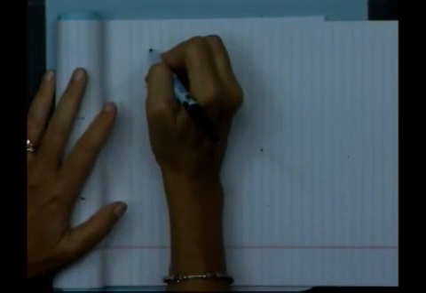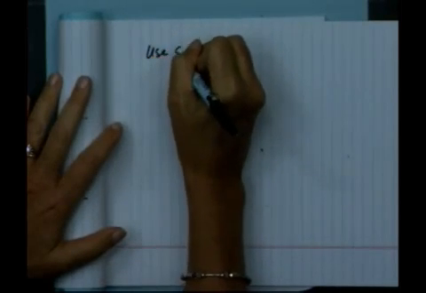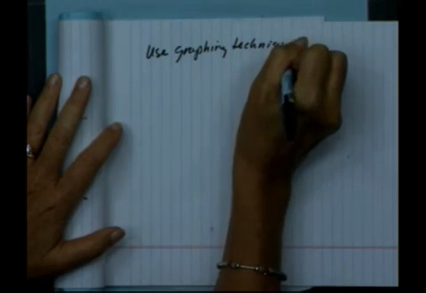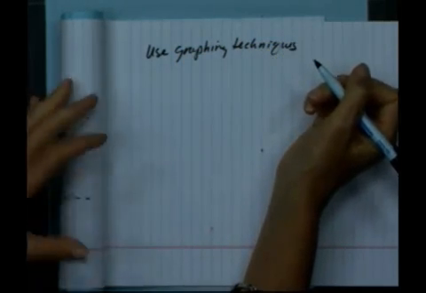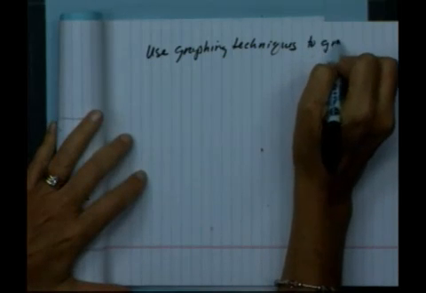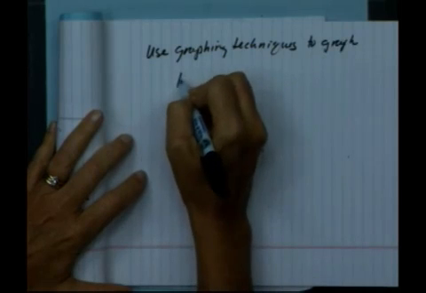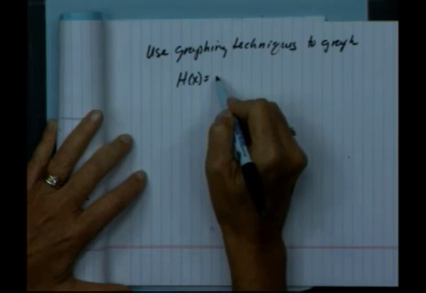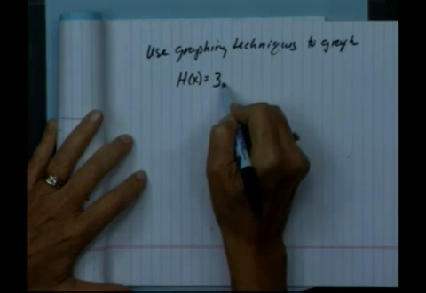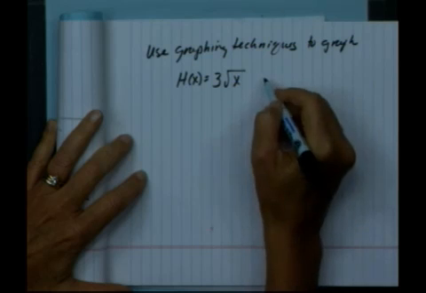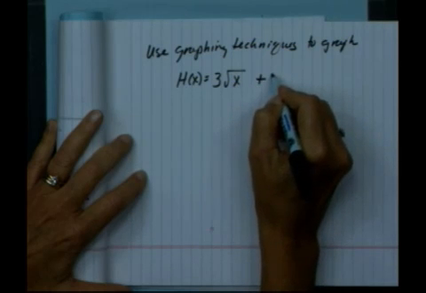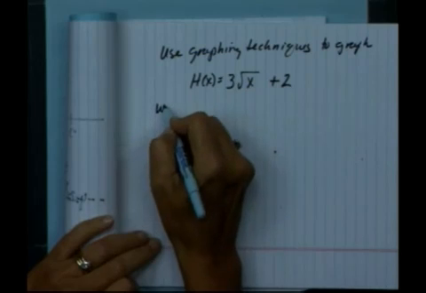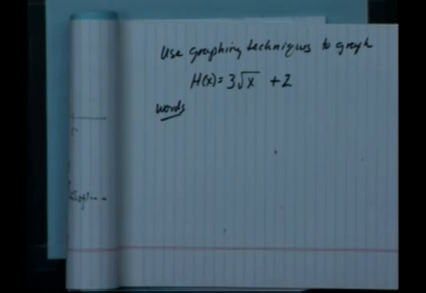You want to use graphing techniques, or transformations or whatever, to graph h of x equals 3 square roots of x plus 2. All right, take a second and write out the words, what's going to happen here. Discuss it with your neighbor if you'd like. Write out the words.